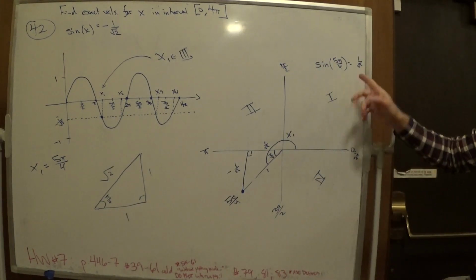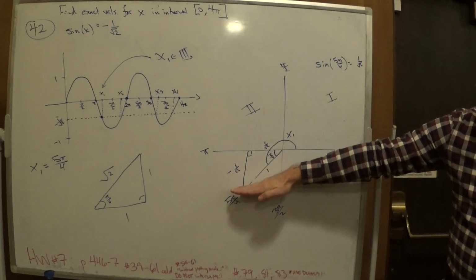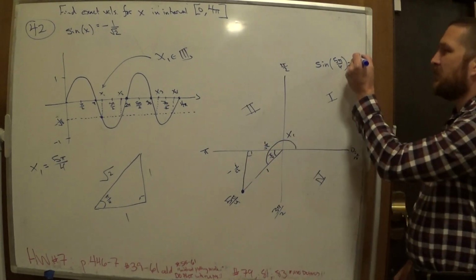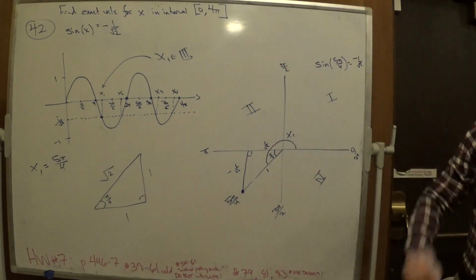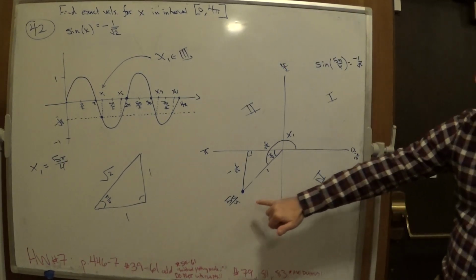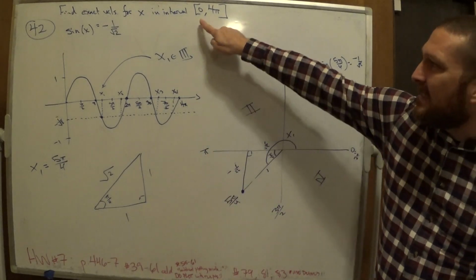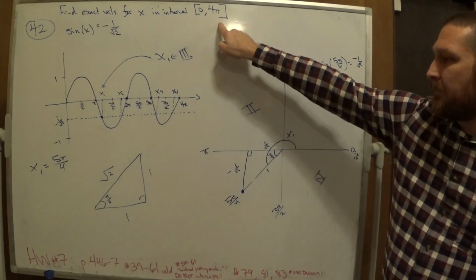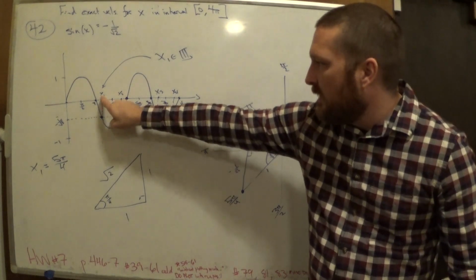The sine value is the height. It's negative, so it must be negative. And yes, that does give me negative 1 over root 2. And 5 pi over 4 is indeed in the interval they've given me. So that's x1.